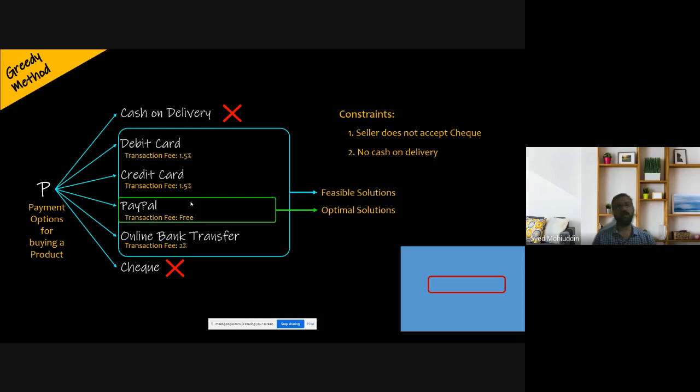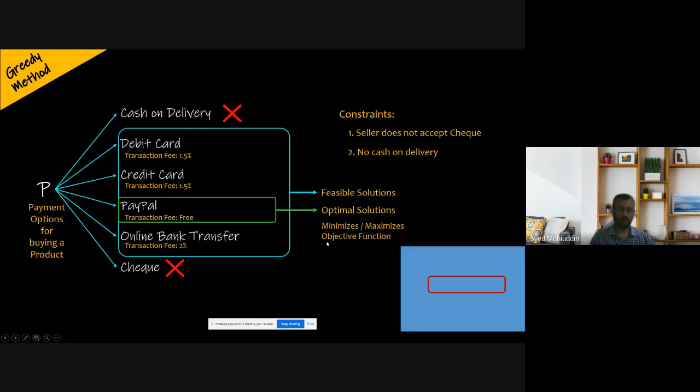Now, it's not always the less cost. In some problems we need to look at the profits, more cost, more profits. Actually what happens is that an optimal solution, whatever is selected, will either minimize or maximize the objective function. Now in this scenario, what is our objective function?